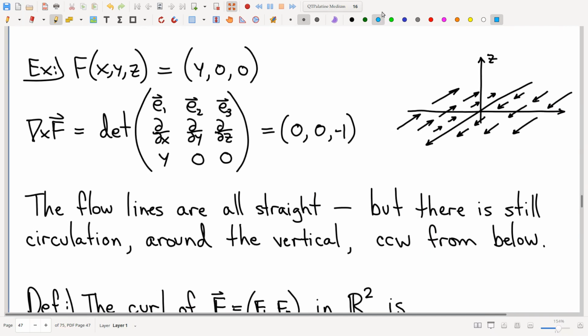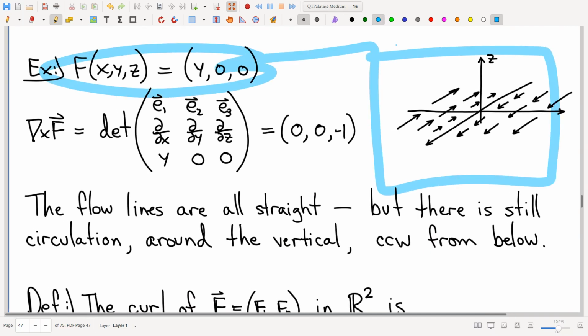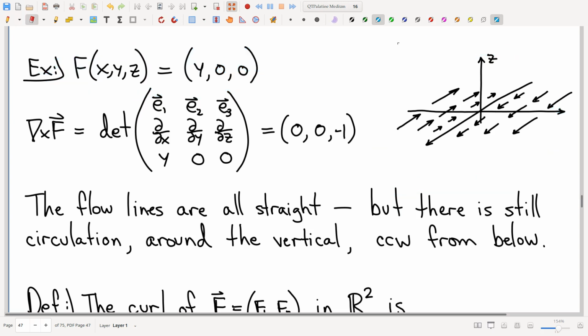So again, vector field, picture, and so on. Make sure you can do that. You can compute the curl. The curl is pointing downward. We talked about downward. Downward would be like this, and you look at the fingers. It would seem that the curl is suggesting a clockwise rotation, at least as seen from above. But wait a second.